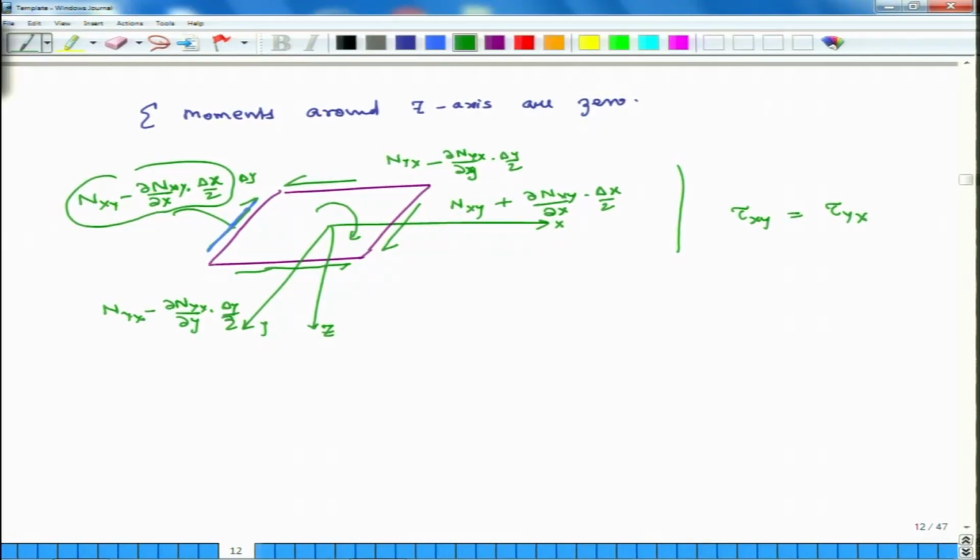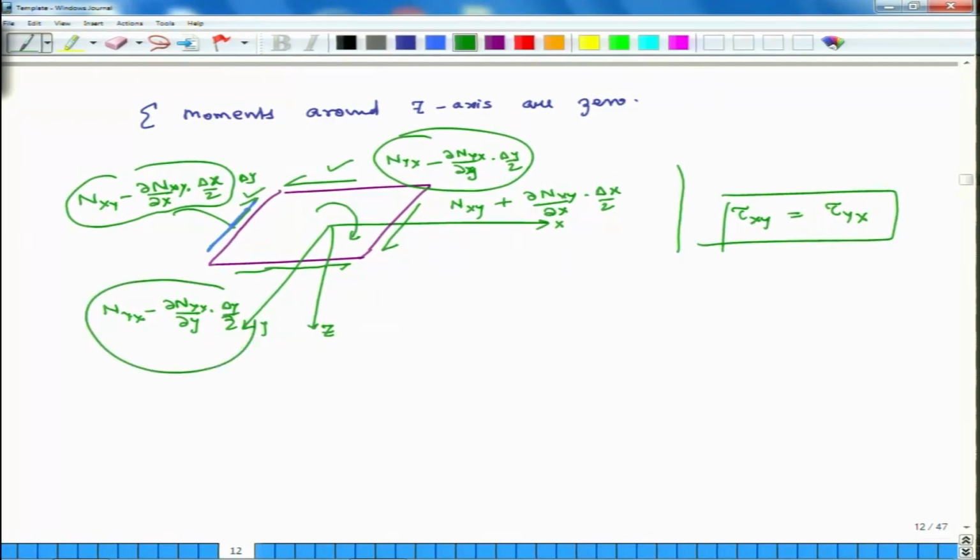So, essentially what I am trying to say is this component and this component, they have to be identically equal. So, this guy and this guy, they have to be identically equal because tau xy is equal to tau yx, and similarly this guy should be identically equal to this guy because tau xy is equal to tau yx.